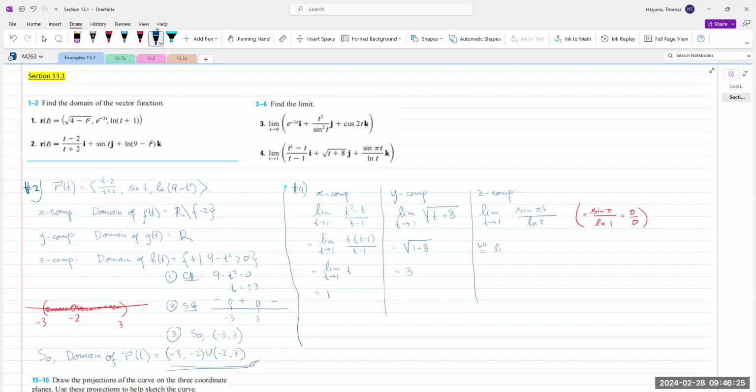L'Hopital's rule: limit t goes to 1 of the derivative of sine pi t, which is pi cosine pi t, over the derivative of natural log of t with respect to t, which is 1 over t.